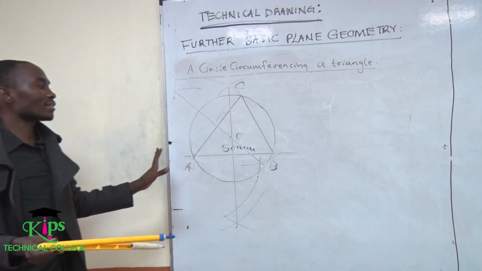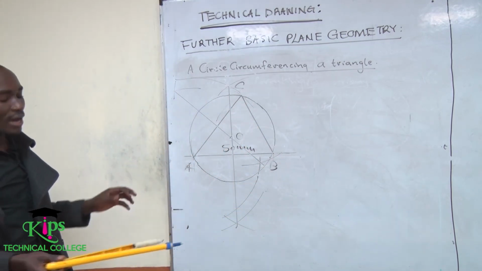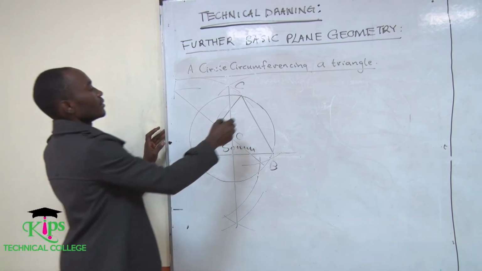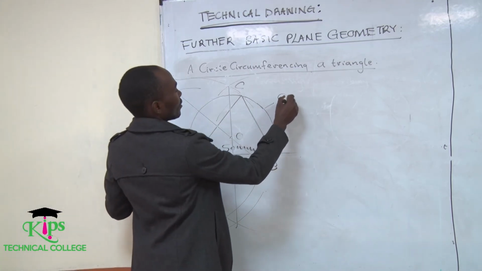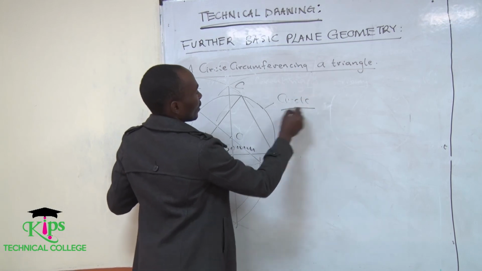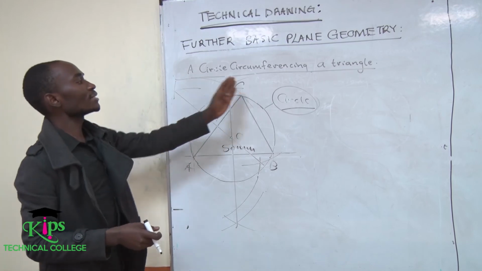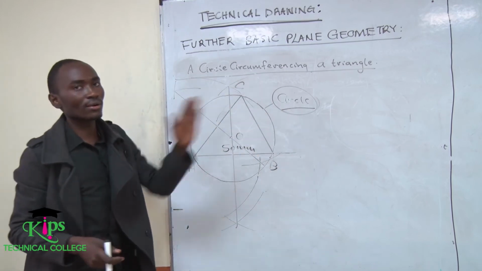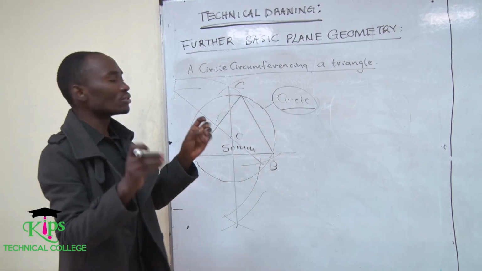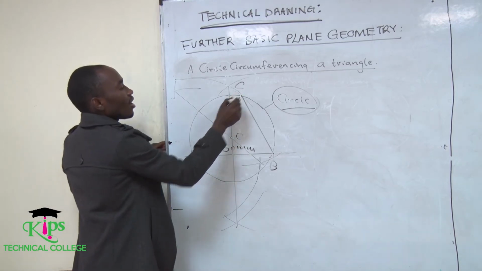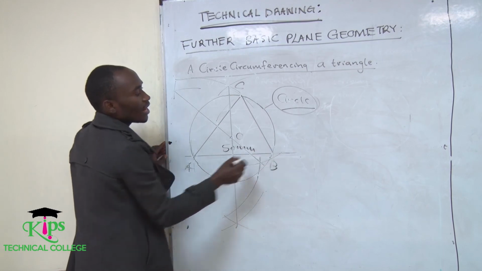So you can see that I've drawn my circle. This time round it has been accurate. So this is the circle. So now that is the procedure of circumferencing a triangle. Circumferencing meaning drawing a circle which is touching the edges of the triangle.